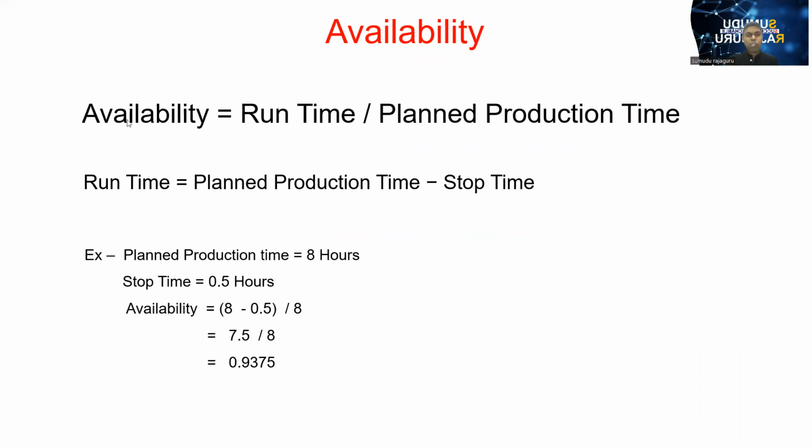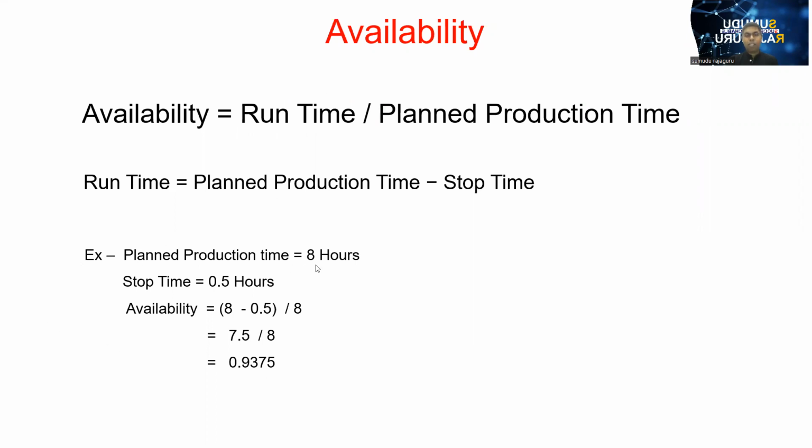So I'm moving to explain availability. This is the equation for availability. Availability equals runtime divided by planned production time. Then how can we calculate the runtime? Runtime equals planned production time minus stop time. Stop time means maybe breakdown. There is an example here.